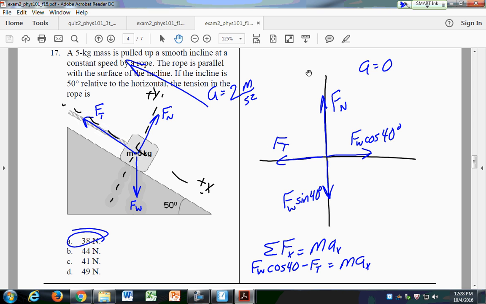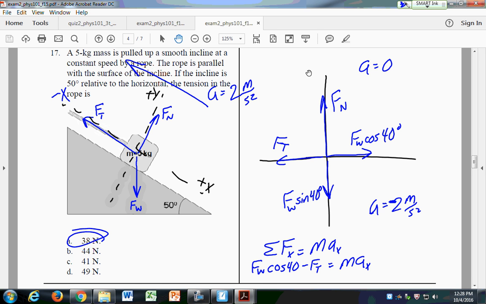Because notice that this is my negative x direction, and so my acceleration is 2 meters per second squared in the negative x direction. Be careful with that. If you see an arrow that shows the direction for the acceleration, or I say that the acceleration is up or down the inclined plane, check your coordinate system and make sure that you get the right sign. That's an excellent question.